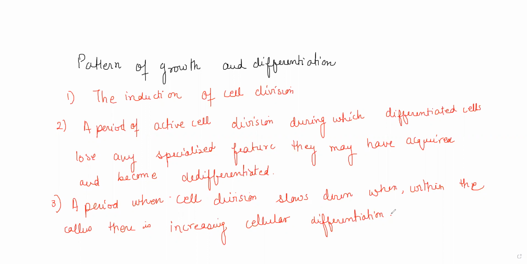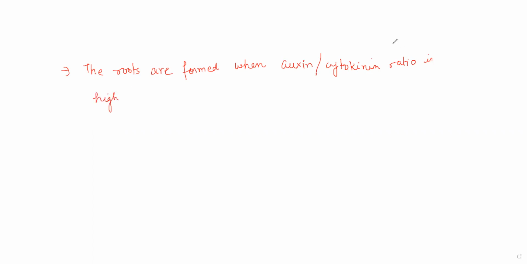The roots are formed when the auxin to cytokinin ratio is high. That means कि यहाँ पर क्या है, ऑक्सिन्स की कंसेंट्रेशन हाई होनी चाहिए एज कंपेयर टू दी साइटोकाइनिन्स. ठीक है, तब क्या बनेगा, रूट्स बन जाएंगे.